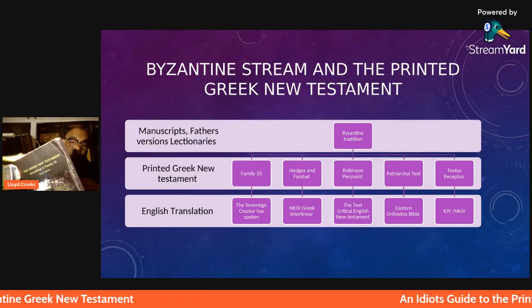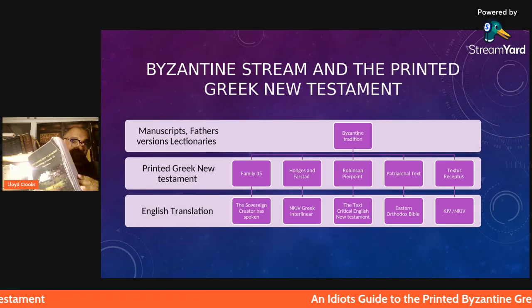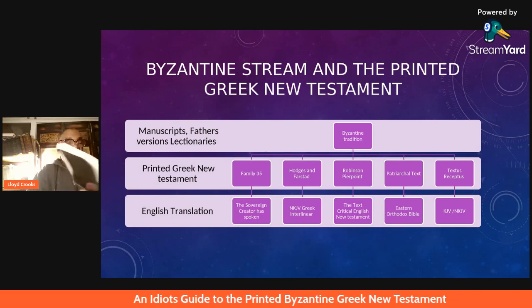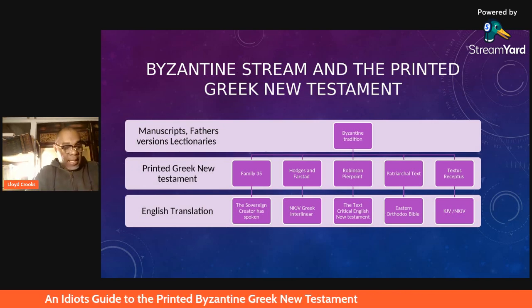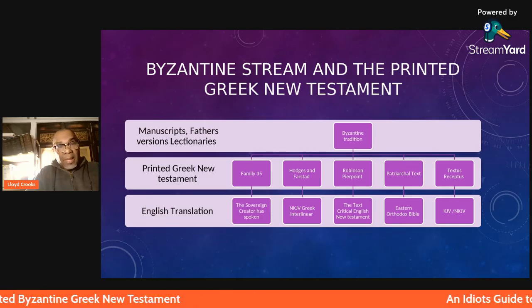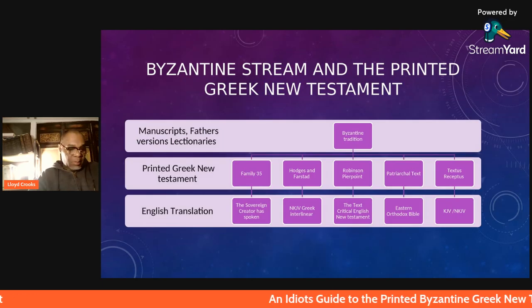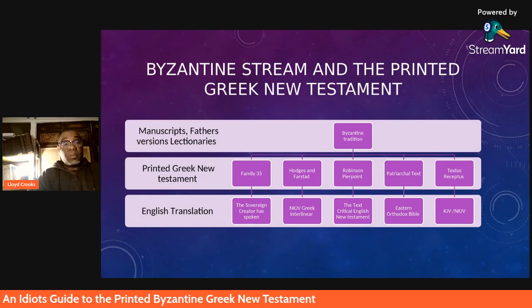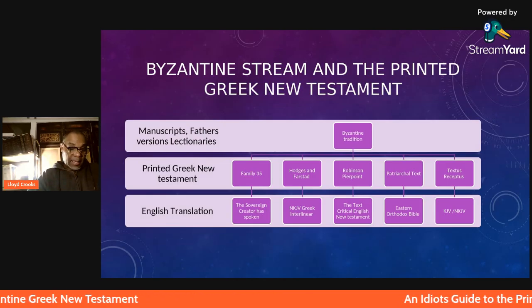If you read Greek, this has probably got the best critical apparatus. The reason being, it looks at variants and gives you percentages of usage, and also compares with all the major printed New Testaments. So it talks about the Nestle-Aland, Hodges and Farstad, Robinson-Pierpont, the Patriarchal text, Textus Receptus, and the Complutensian Polyglot.